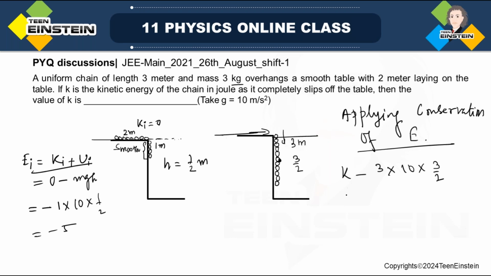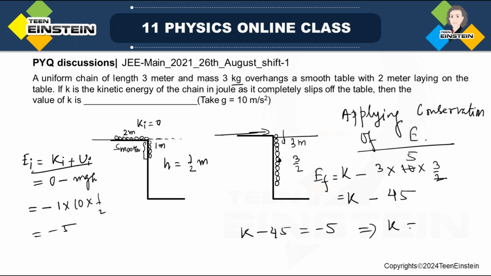So here I get E final is K minus 45. If I equate this to minus 5, then K minus 45 is equal to minus 5.